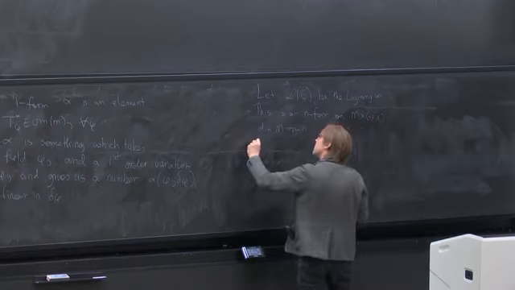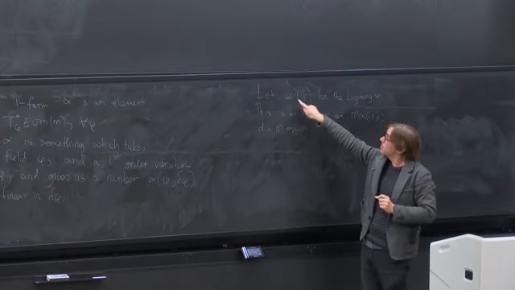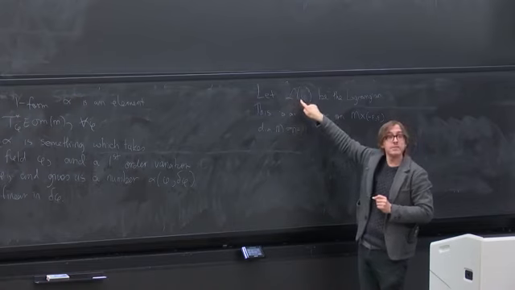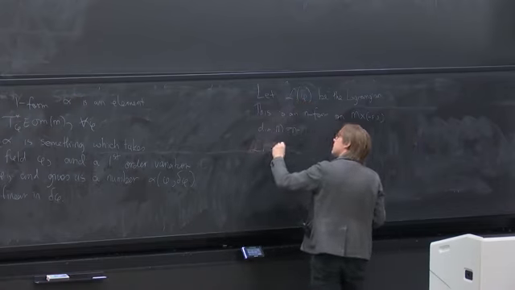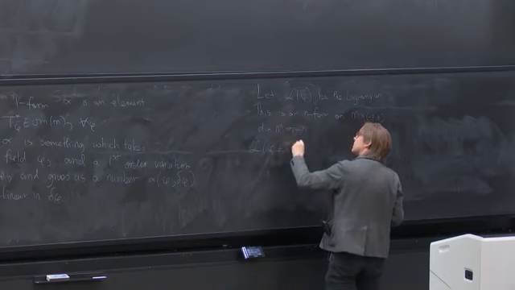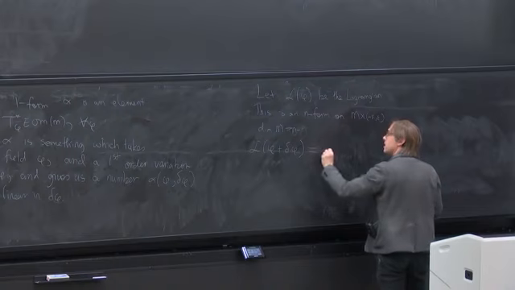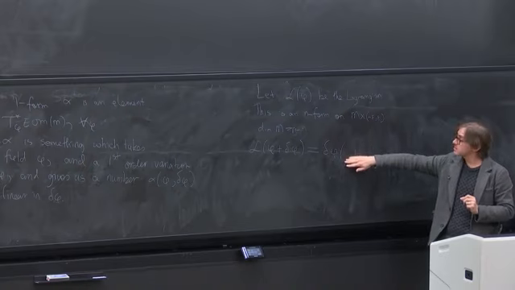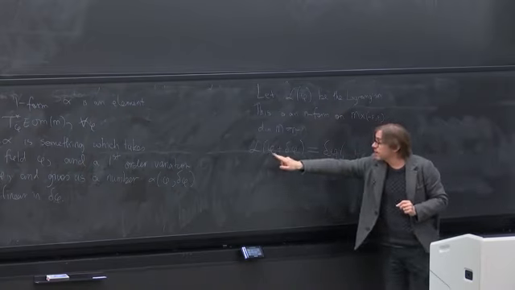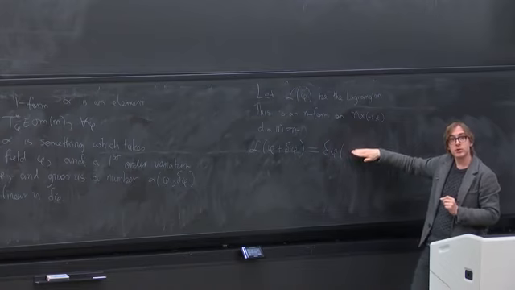Now, if I vary phi, I can look at how the Lagrangian varies. L of phi plus delta phi looks like delta phi times the Euler-Lagrange equations for phi, by the definition of the Euler-Lagrange equations.